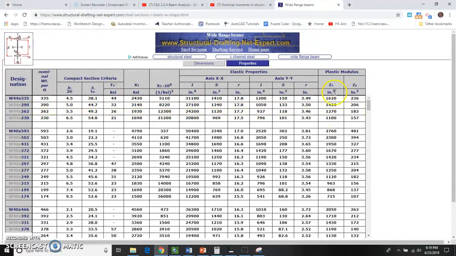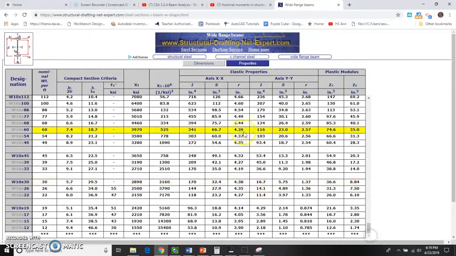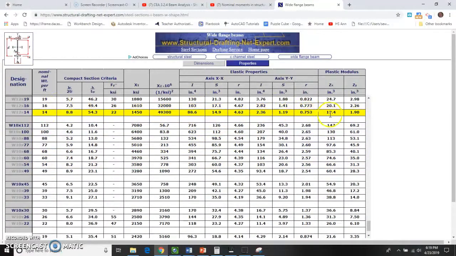You want the lightest beam that you can possibly find that is also going to meet the criteria of being close to this ZX number. So I'm going to save you a lot of problems here, and I'm just going to pull this right down to the bottom because I've done this. And what I'm looking for here is this number again in this column, and you can see we've got 17.4, which is pretty close to 16.23, and above this the numbers are all very large.